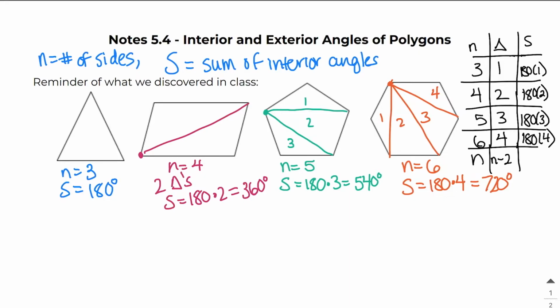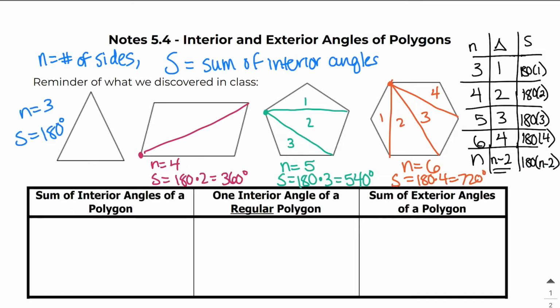So if there are n minus 2 triangles, then I would do 180 times n minus 2. Therefore, the sum of the interior angles of a polygon with n sides is S equals 180 times n minus 2, and that will always be true.